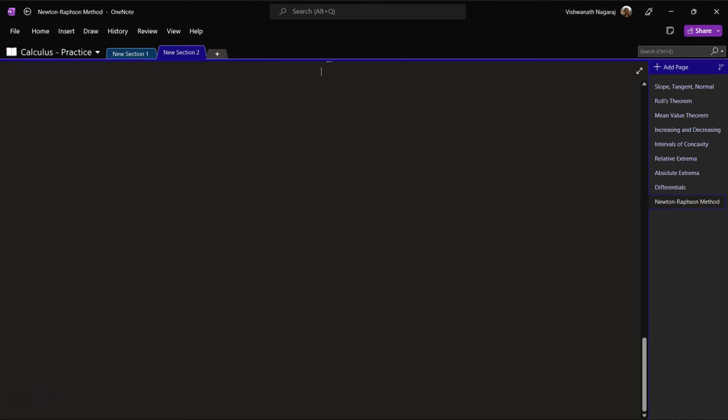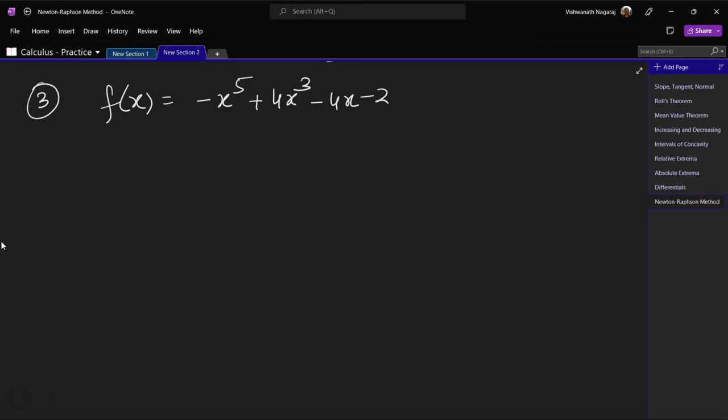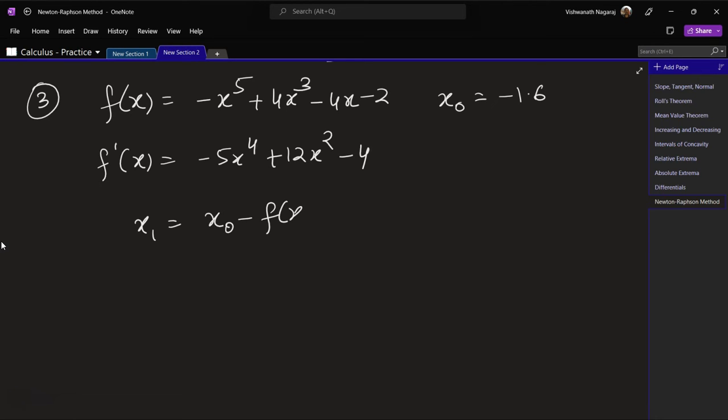Okay, let's look at the third one. The third one is f(x) is equal to minus x to the power of 5 plus 4x cubed minus 4x minus 2, and x0 is given as minus 1.6. f prime of x is equal to minus 5x to the power of 4 plus 12x squared minus 4. x1 would be x0 minus f of x0 by f prime of x0, which would give us, if we do the evaluation, minus 1.8477.